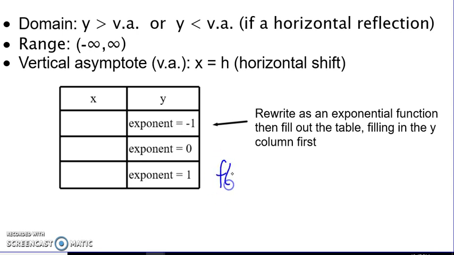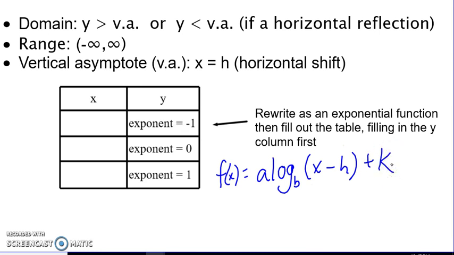So you'd have f of x equals a log base b of x minus h, plus k. So remember that your vertical asymptote is always x equals h. So it's always the opposite of what h is. So we're going to look at how we graph these items.